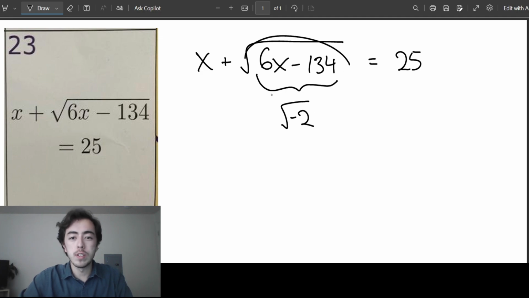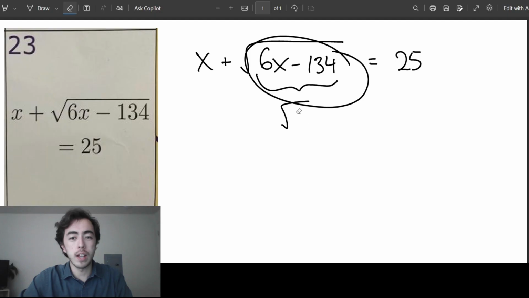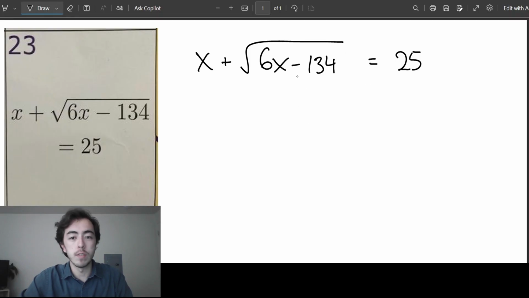And so this number right here, if x is kind of small, is negative. If we plug in 0 for x, I know that we aren't really supposed to take the square root of negative 134. So another thing I'm thinking of is when is this actually positive, or I guess non-negative, so that I am allowed to take the square root.